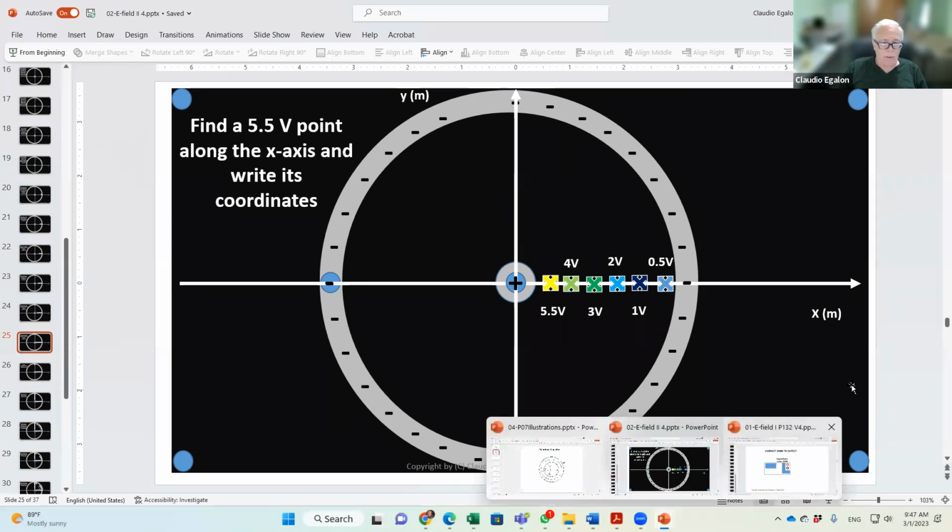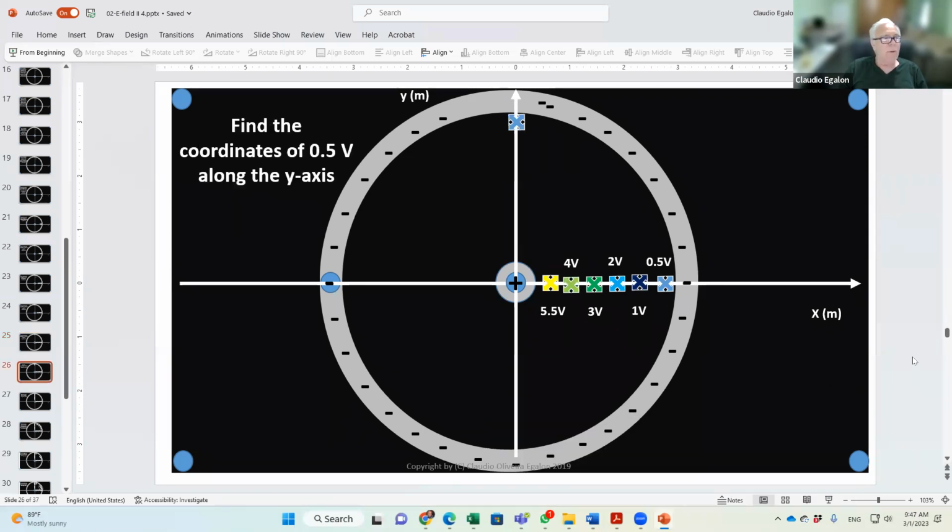And then what do we do next? We get points along the y-axis. Half volt, 1 volt, 2 volts, 3 volts, 4 volts, and 5.5 volts. Okay, 2 points now of our equipotential surface.